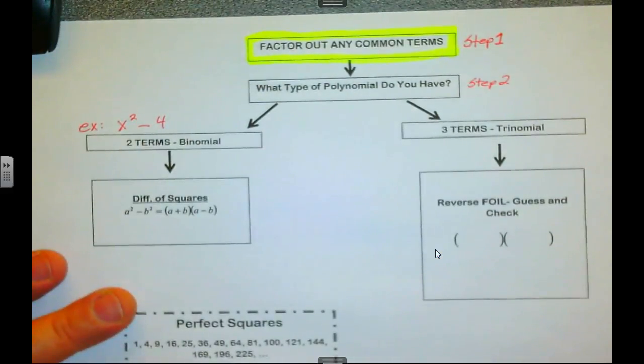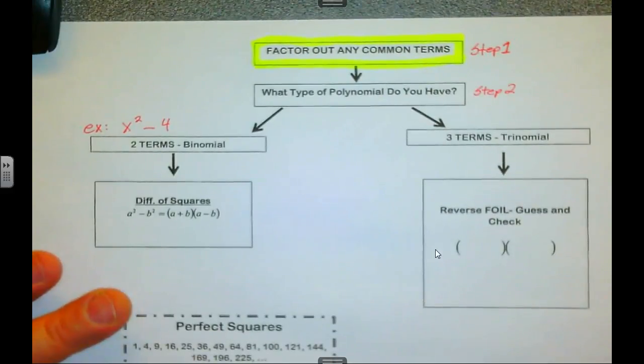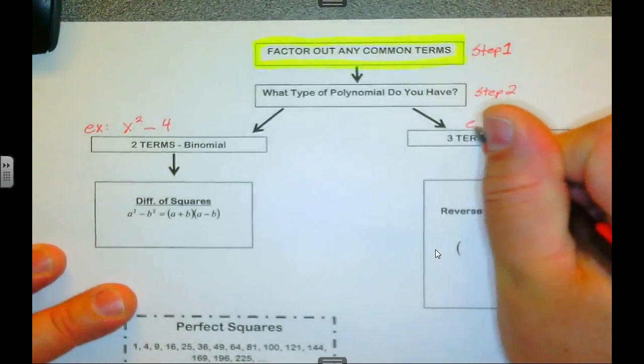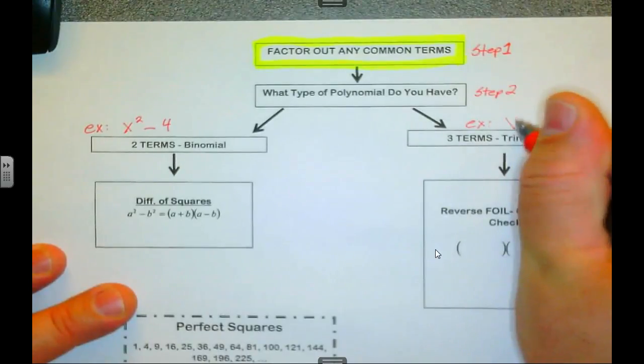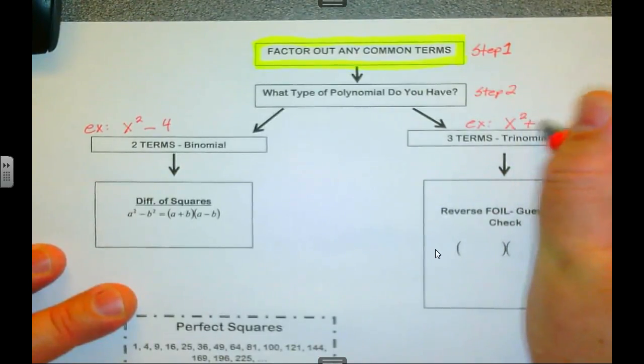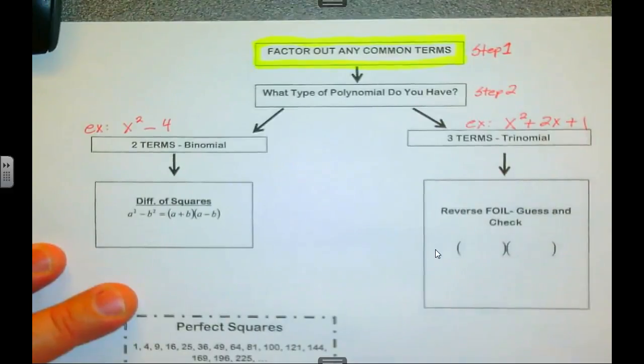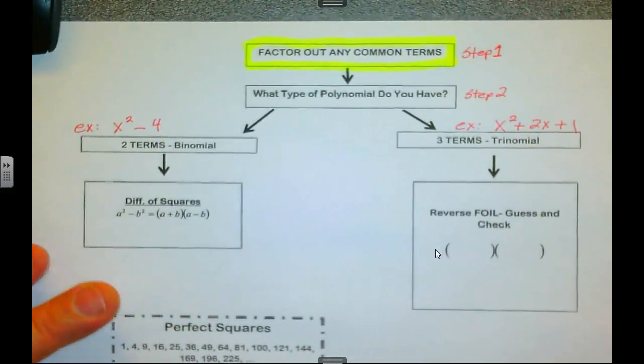That's a binomial. I have two terms. Or do you have a trinomial? Example, three terms, let's say x squared plus 2x plus 1. That's a trinomial. Okay?